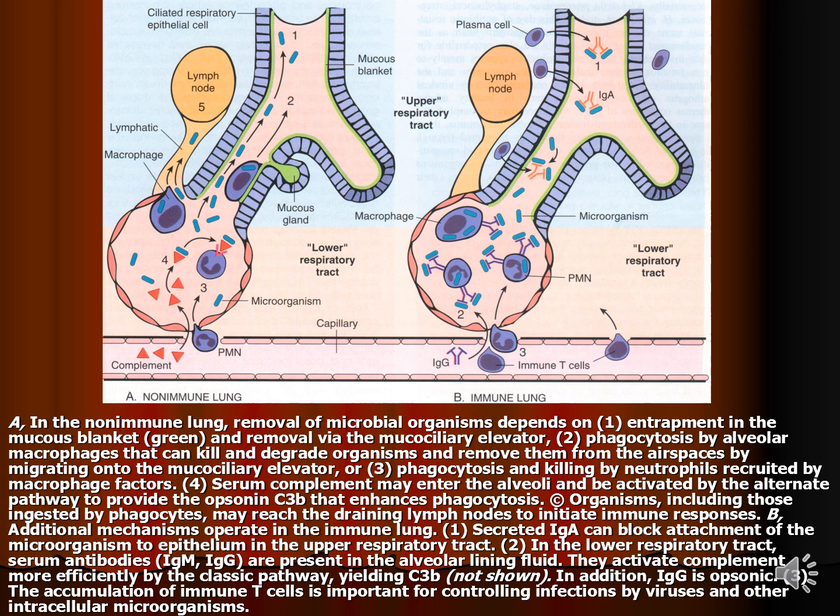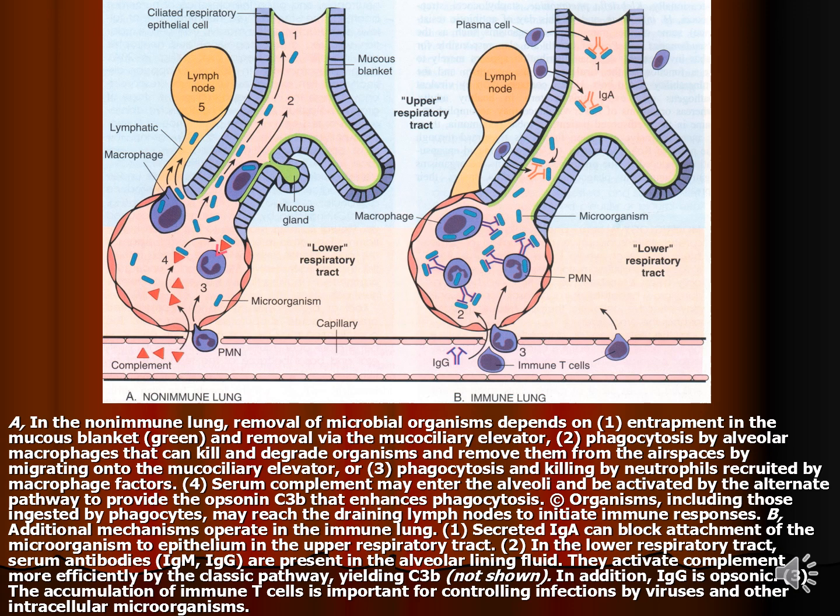Then the second one: in the lower respiratory tract, serum antibodies like immunoglobulin M and G are present and working in the alveolar lining fluid. They activate the complement more efficiently by the classic pathway, yielding C3b. In addition, immunoglobulin is opsonic.